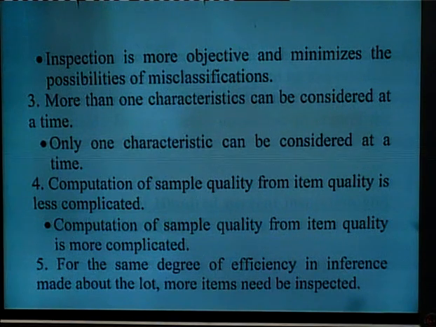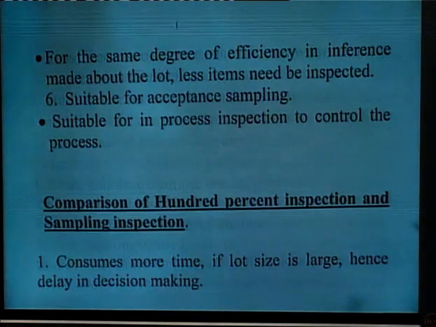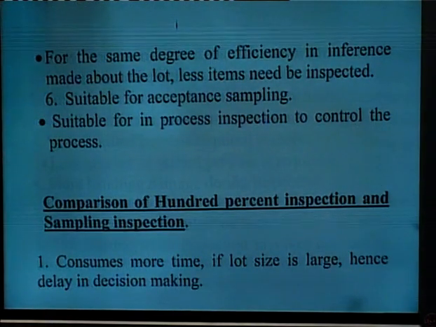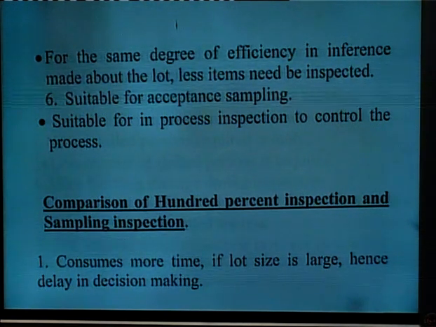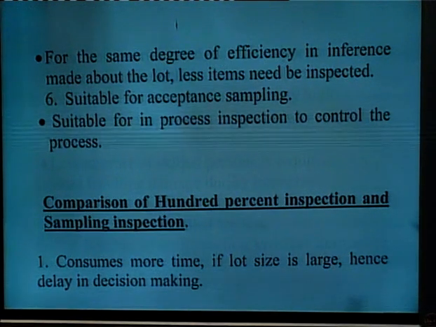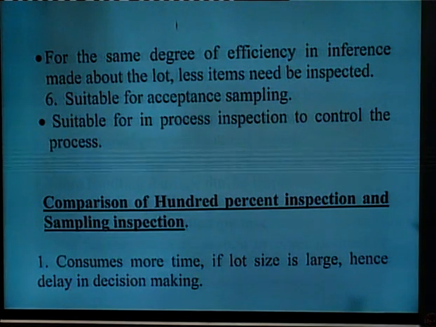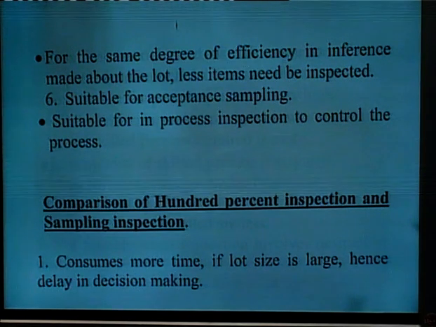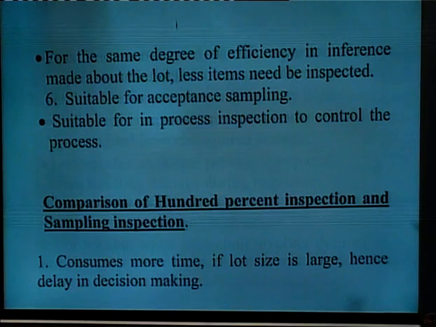more items need be inspected. So, in case of inspection by attributes, more items need to be inspected, and for the same degree of efficiency in inference made about the lot, less items need be inspected in case of inspection by variables, because we inspect the things with the help of some measuring instruments.